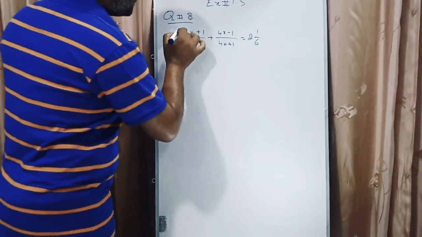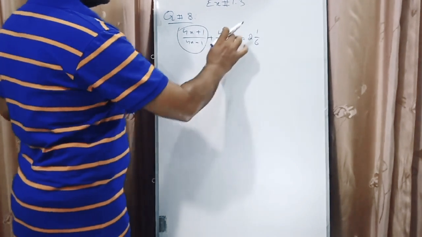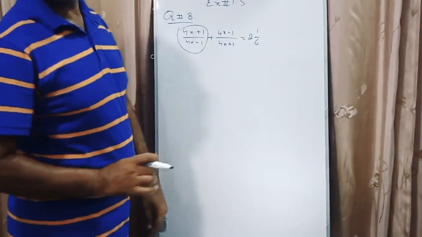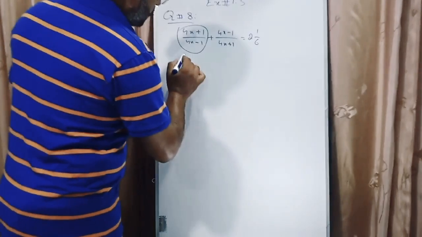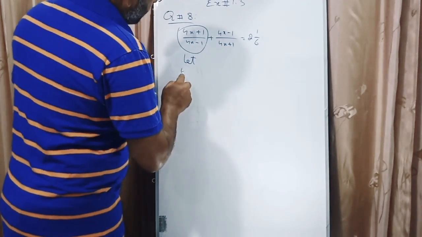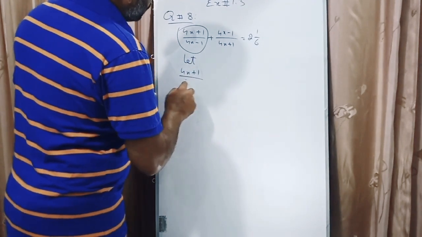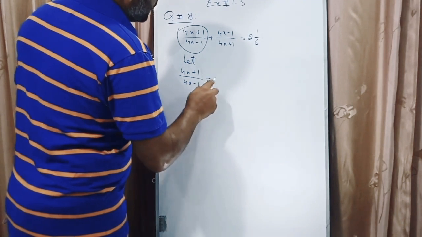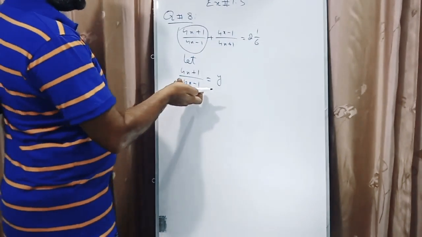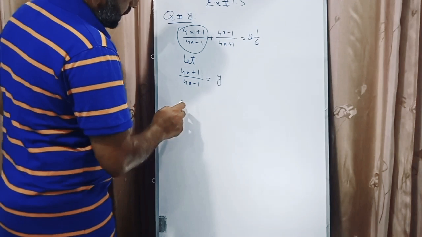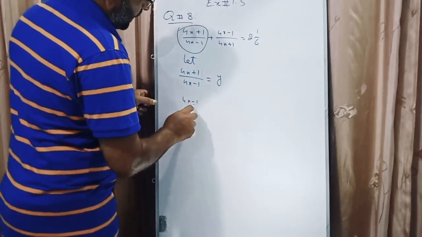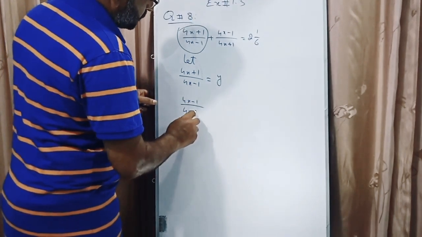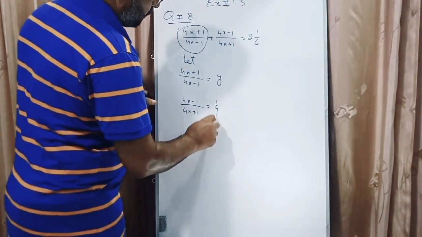So if you take this part of the equation as y, then this part will become 1 over y by taking reciprocal. So I will write, let (4x plus 1) over (4x minus 1) is equal to y. By taking reciprocal, we will get (4x minus 1) over (4x plus 1) is equal to 1 over y.